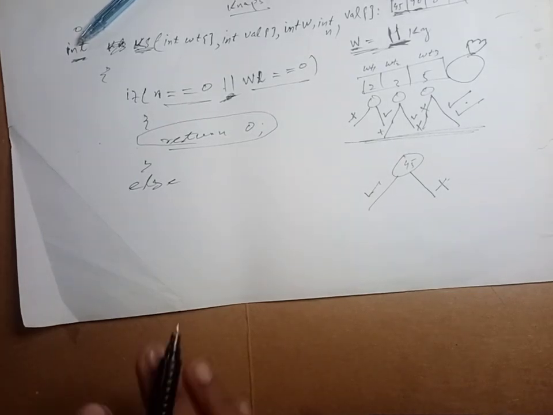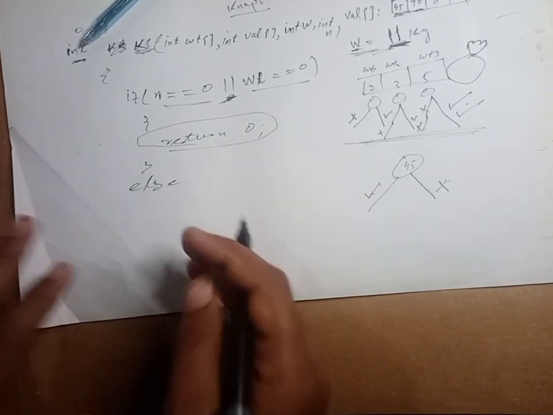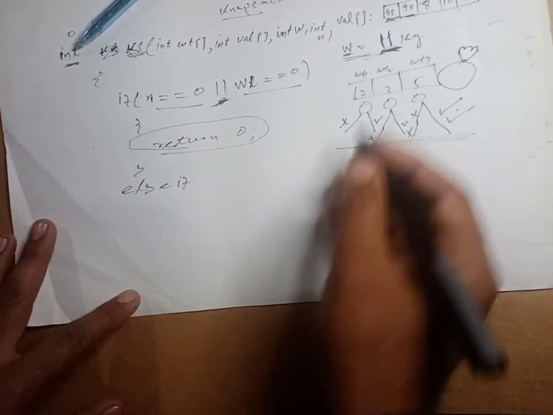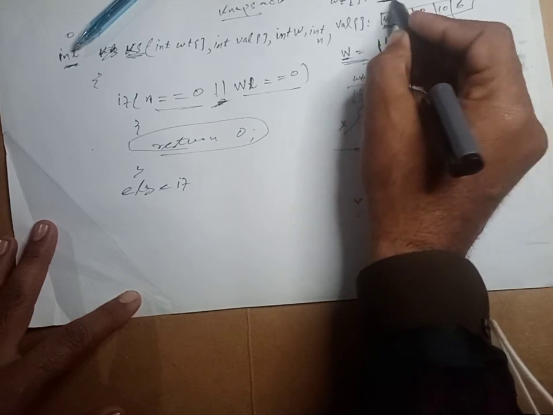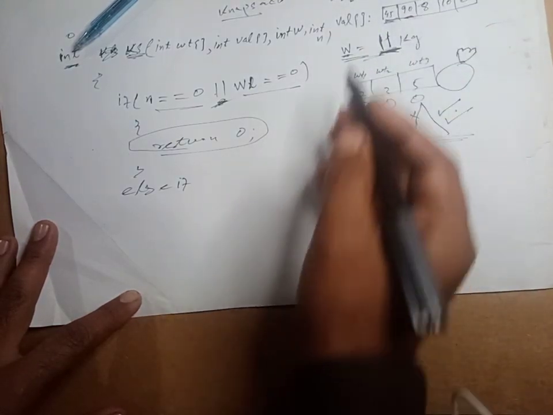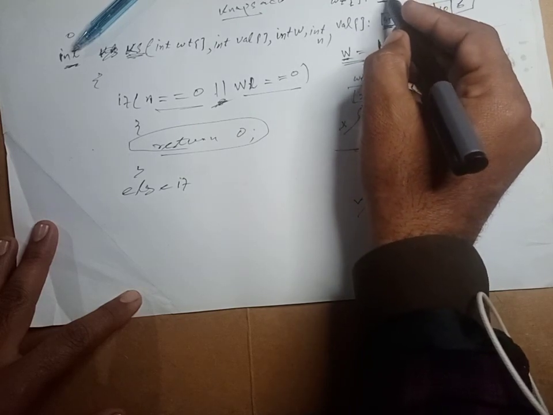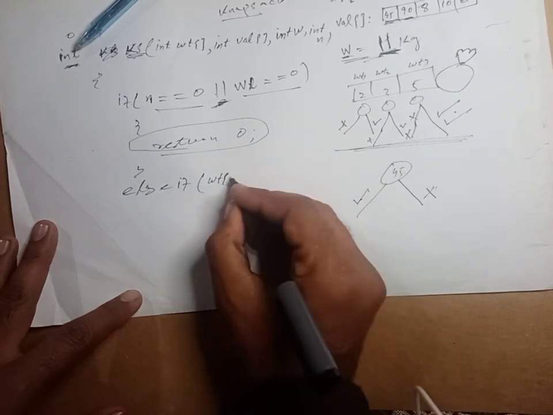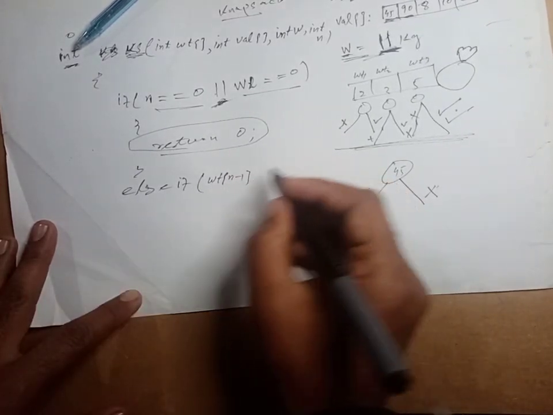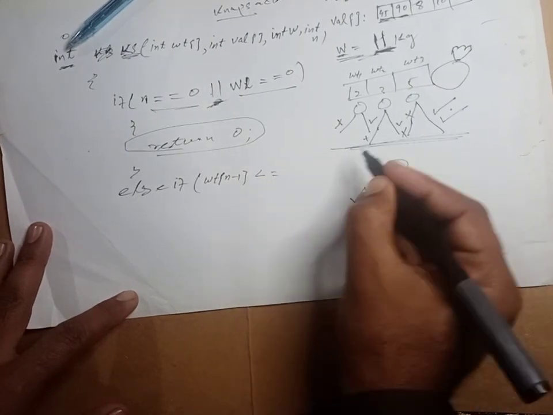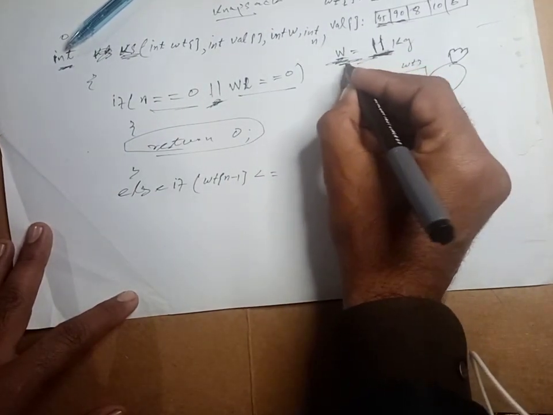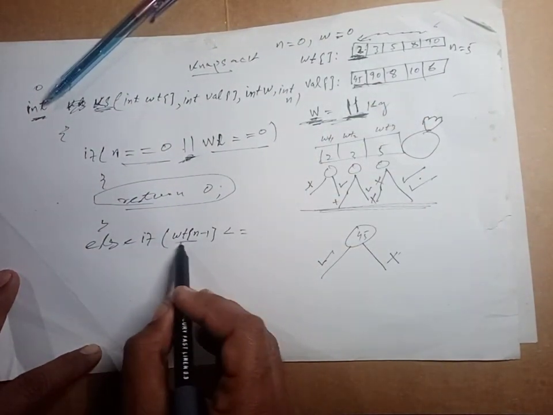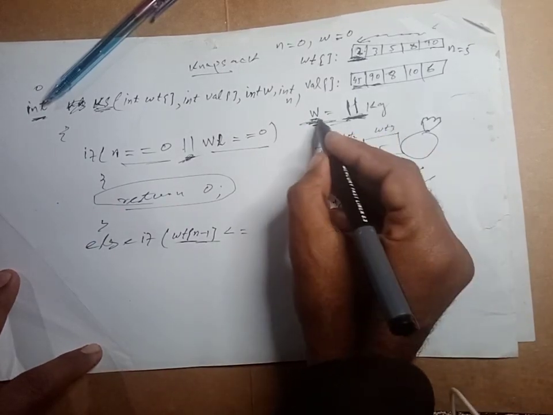So we will go to this point, and you will understand when I write here. So else, if the weight of an individual item, here it is 2, else if weight of n minus 1 is less than or equal to the weight W, the weight of this 2 is less than or equal to this weight, yes.